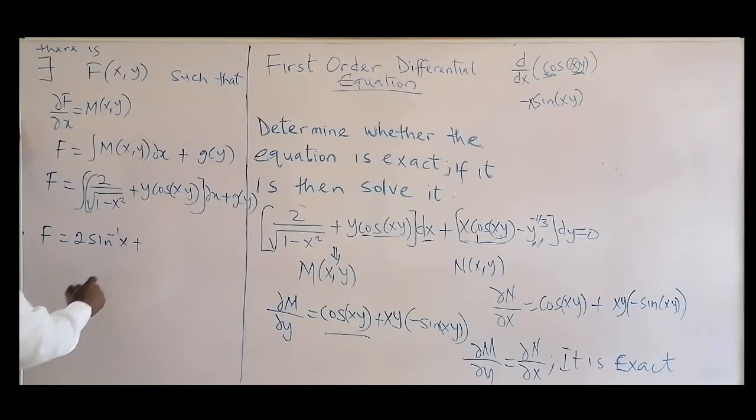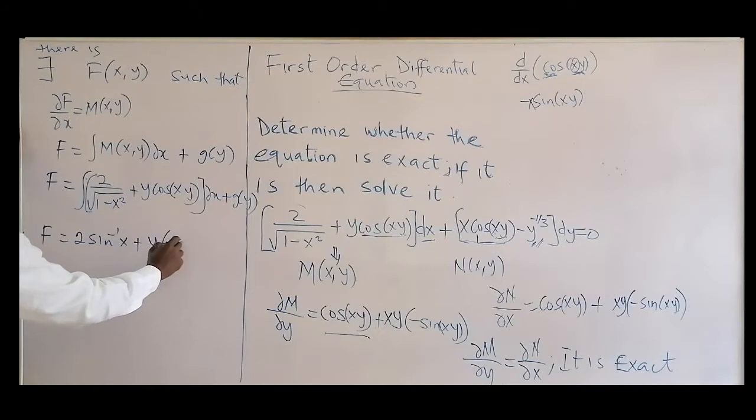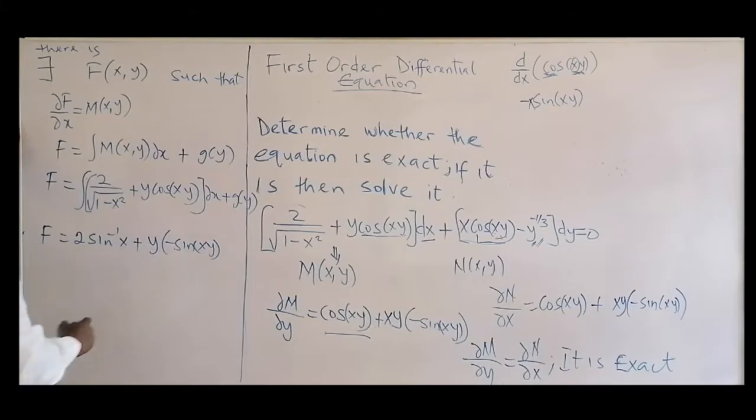Then plus, if you differentiate this with respect to x, that means y will be kept constant. Then we have two brackets minus sine xy. Okay, and then I'm doing it with respect to x.